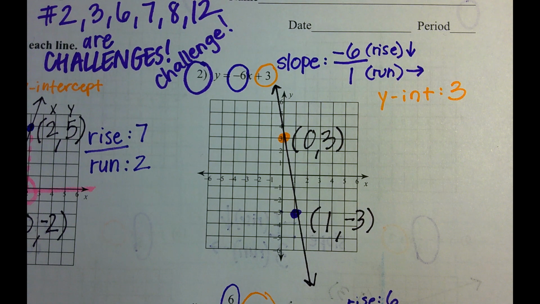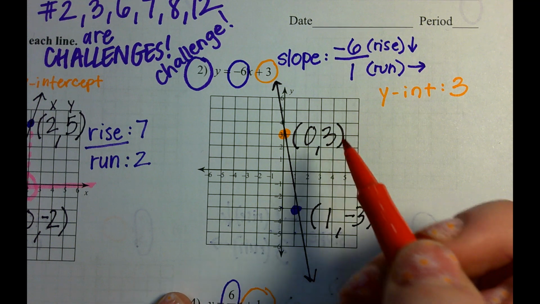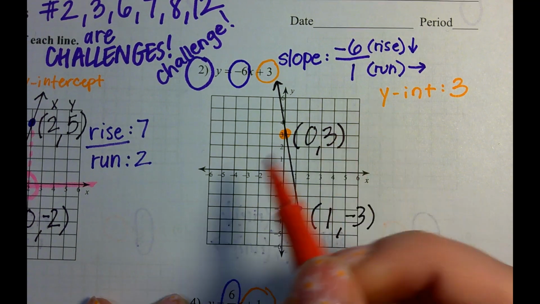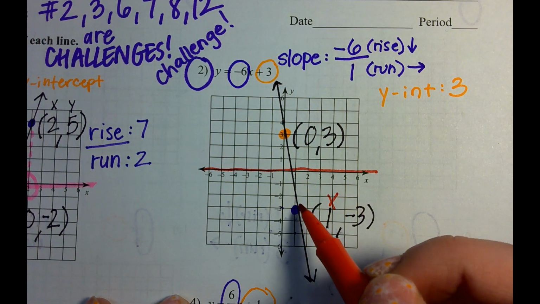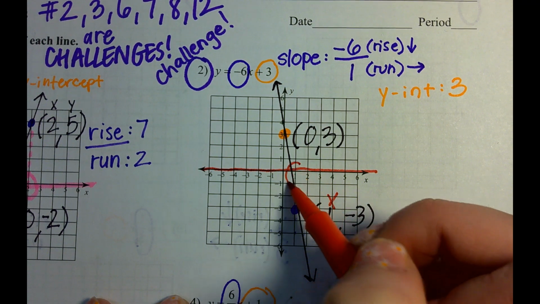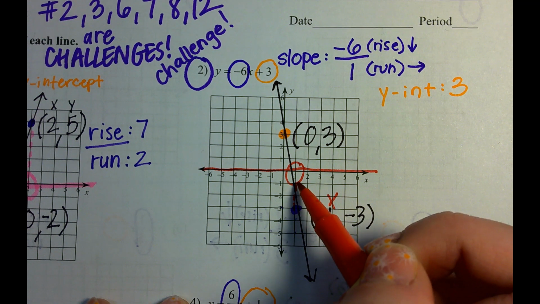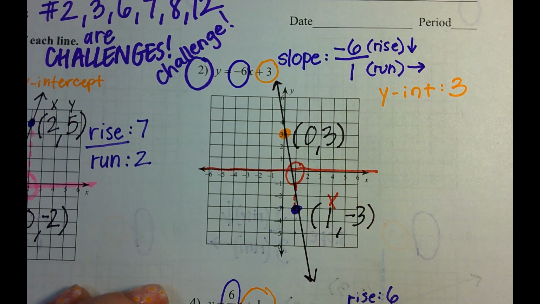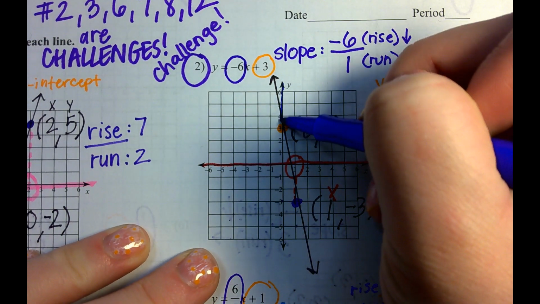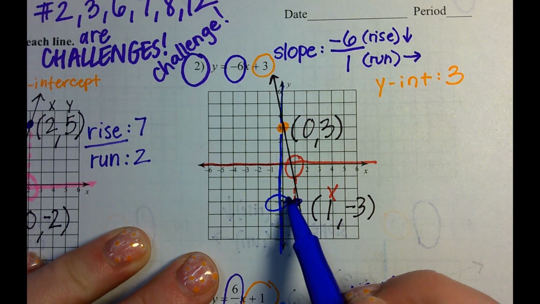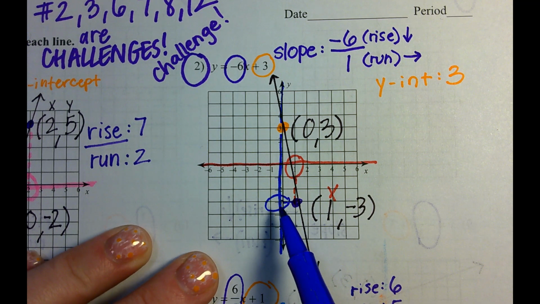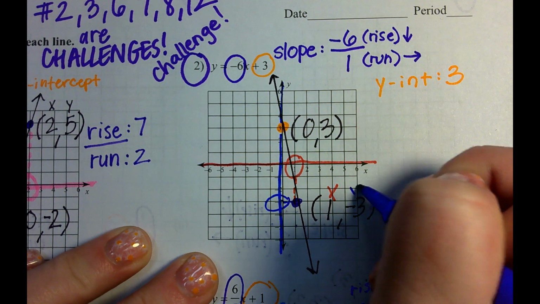So I'll trace those again just to give us a helpful reminder. 0, 3, we know that. Let's look at the second one. We're looking at the x value first. There's the x-axis. My point lines up with 1 on the x-axis. So 1 is my x value. And then my y-axis, it lines up with, I kind of crossed out the numbers, but that says negative 3. So that's where the negative 3 and the 1 come from.